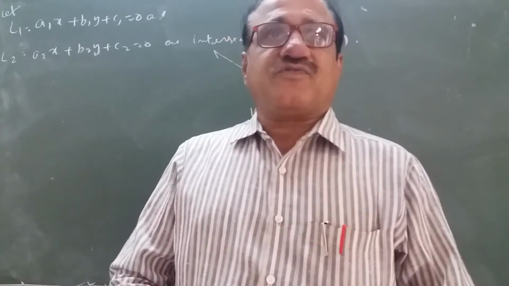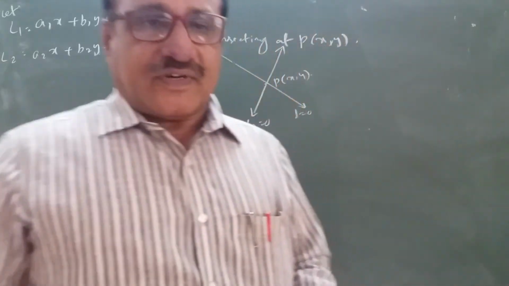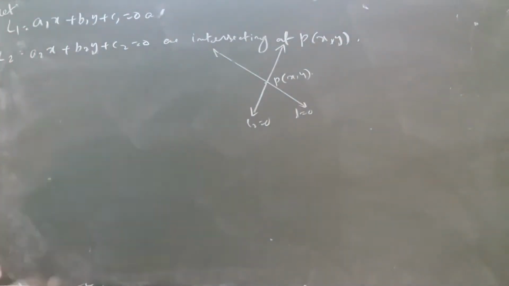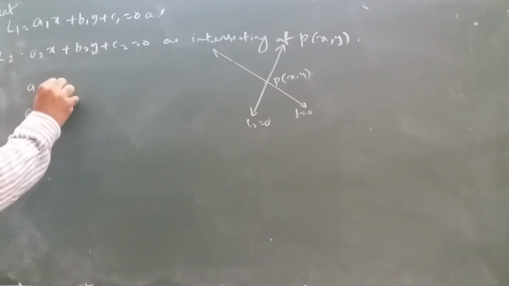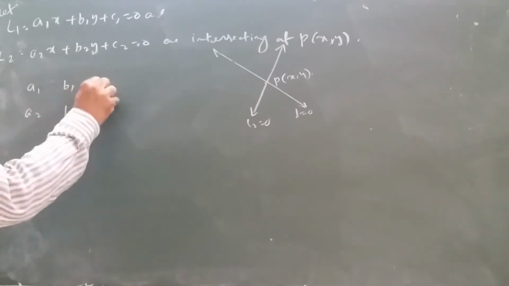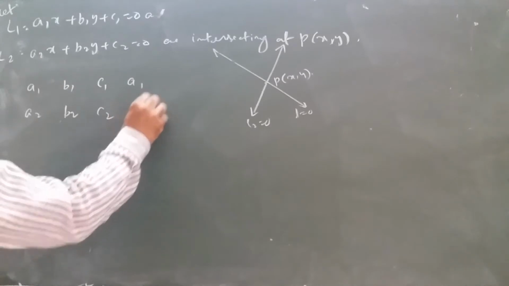Now we have to find the formula for the point of intersection, by taking the coefficients a1, a2, b1, b2, c1, c2, again a1, a2, b1.